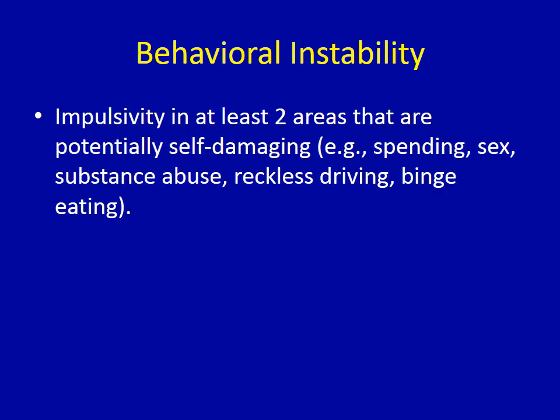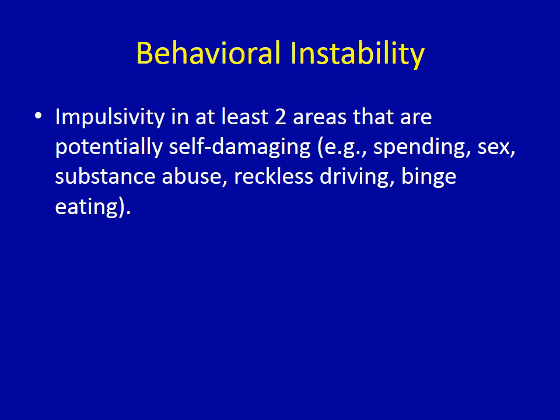Our next domain of instability is behavioral instability. So one way that this can be manifested is impulsive behavior. So for the DSM to meet this criteria, an individual would have to show impulsivity in at least 2 areas that are potentially self-damaging.